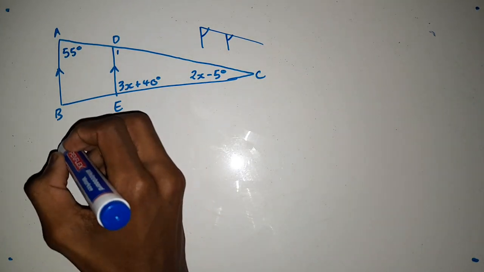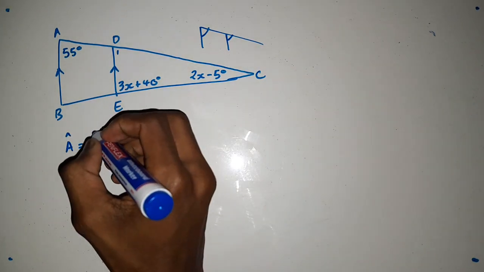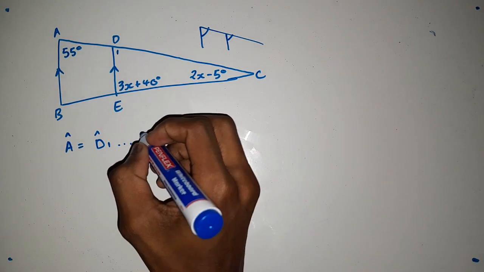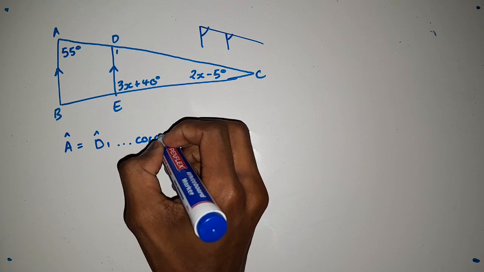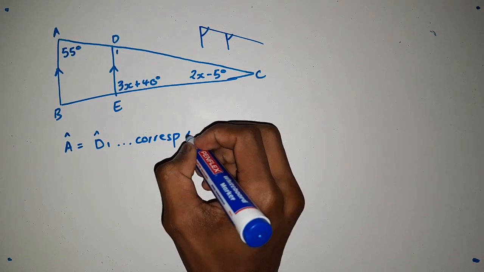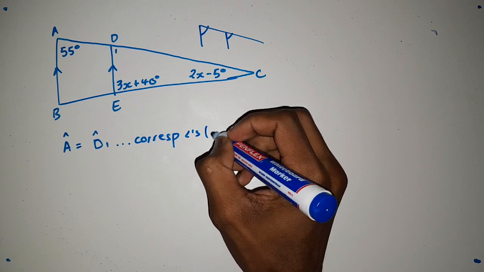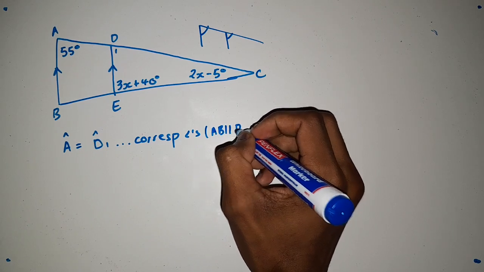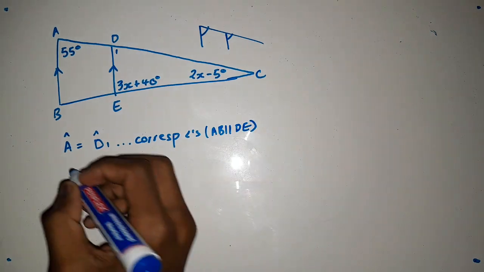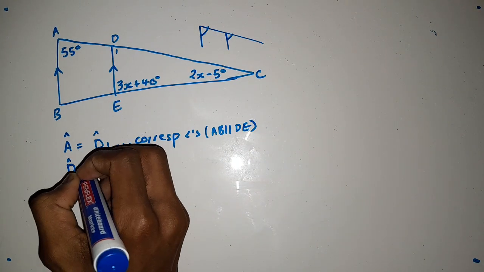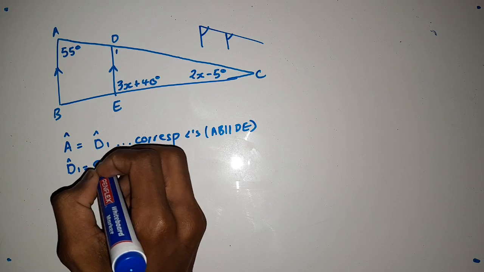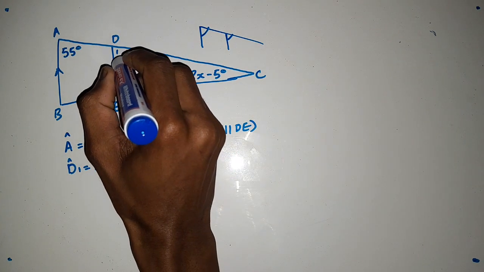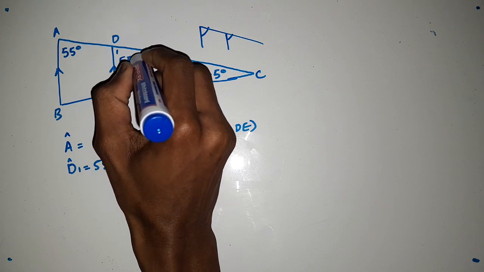I get corresponding angles, because AB is parallel to DE like this. Finally, my D1 is going to be equals to 55 degrees, but I'm not done.